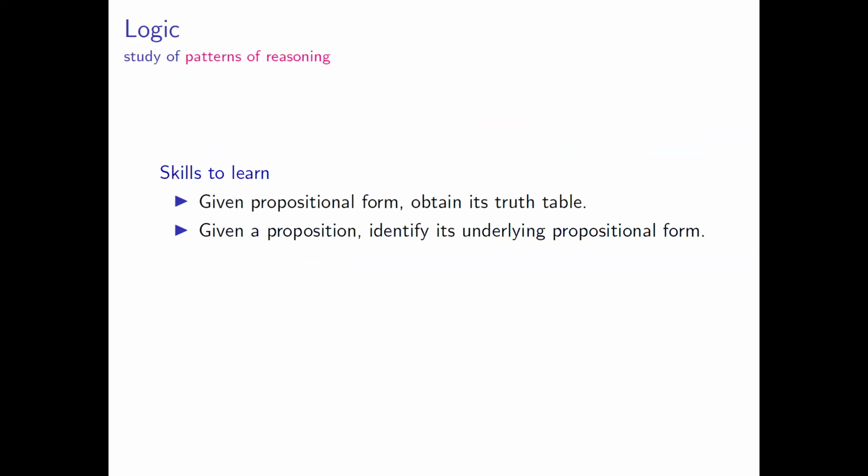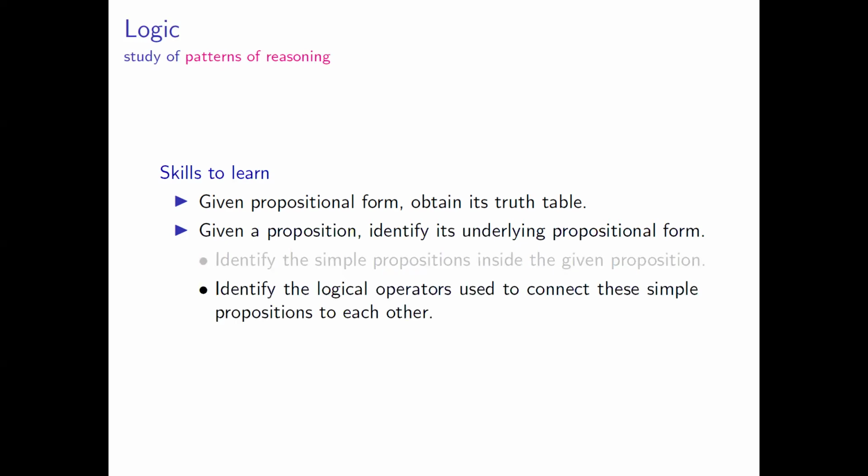This involves the following. First, you need to identify the simple propositions that are inside the given proposition. Second, you need to identify the logical operators that are used to connect these simple propositions to each other. All of these skills will be demonstrated in each of our many examples, so be sure to pay close attention.